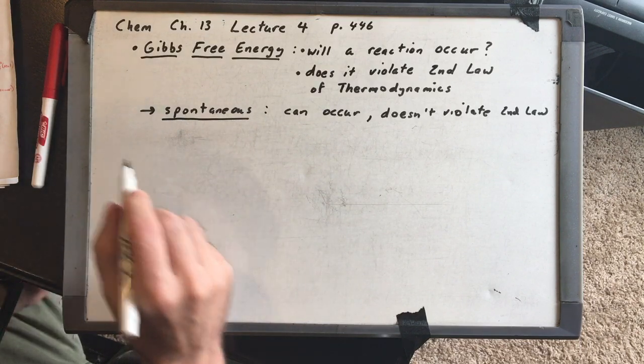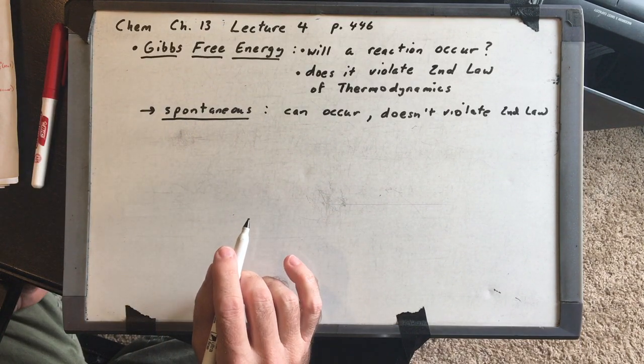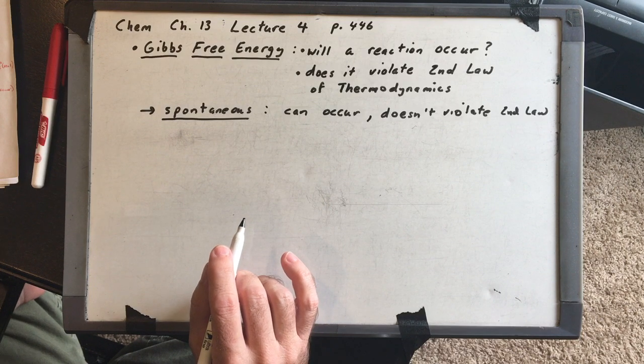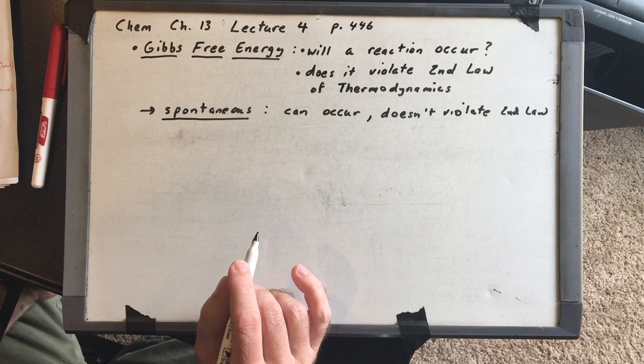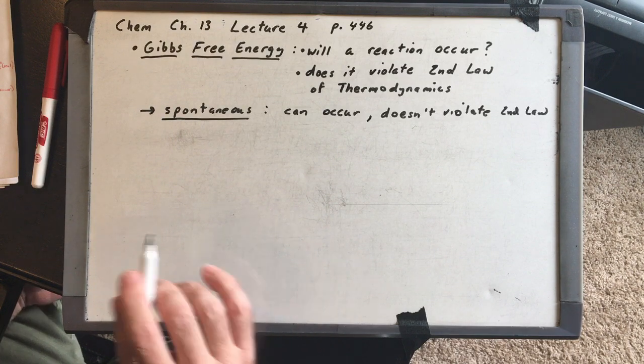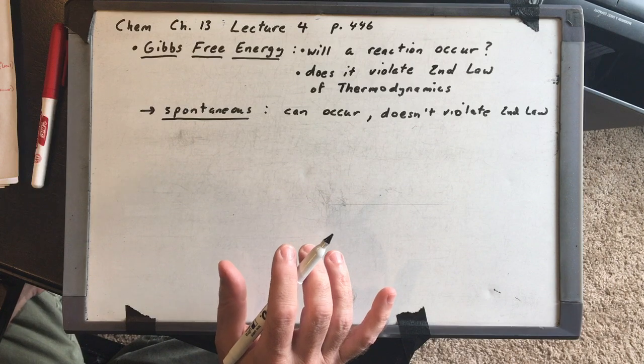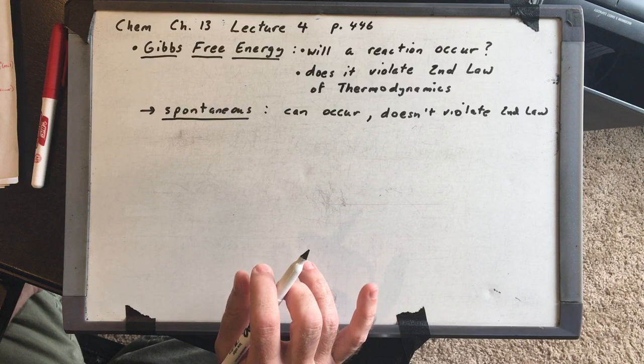We've got a couple of equations that we're going to use to determine the temperature ranges that will cause a reaction to be spontaneous. And then we'll also use a table to determine the Gibbs free energy.